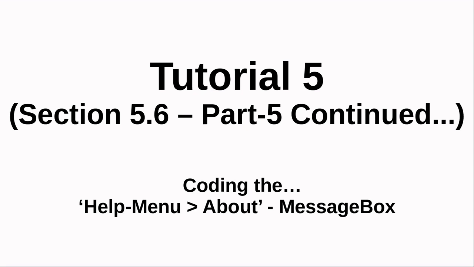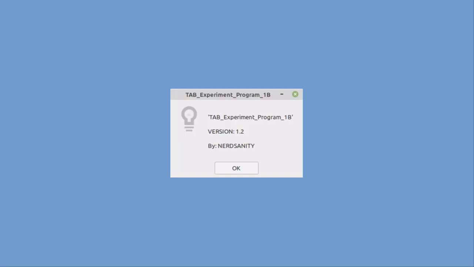So, with the current version number having been established, I am now going to code the final element of the Help menu, the About information pop-up box. This is the About message box which I am creating to display the program information for the Tab Experiment program.